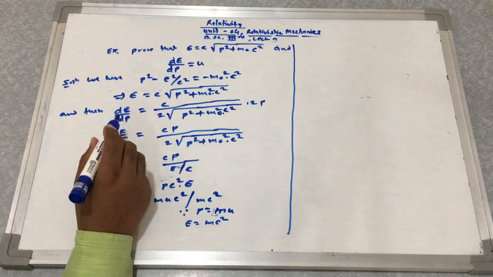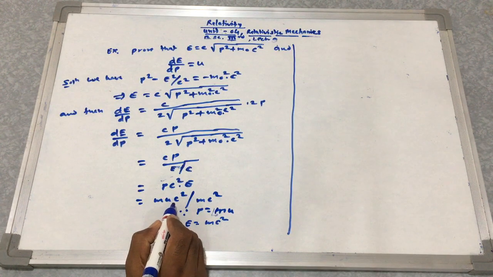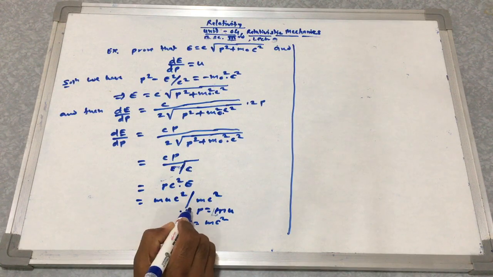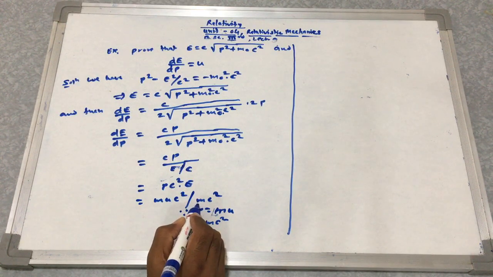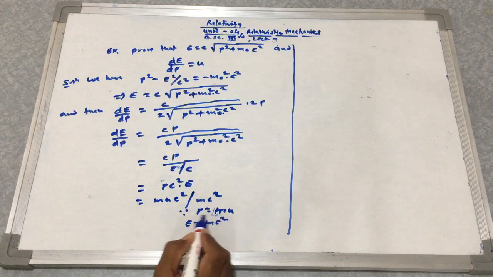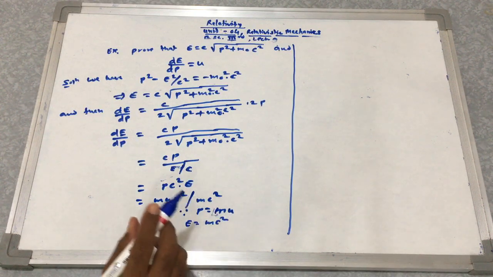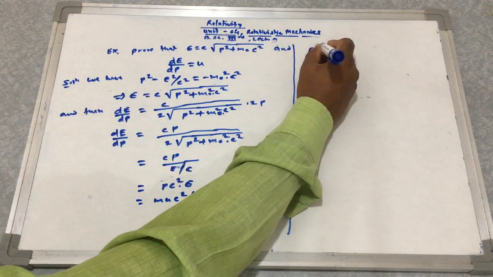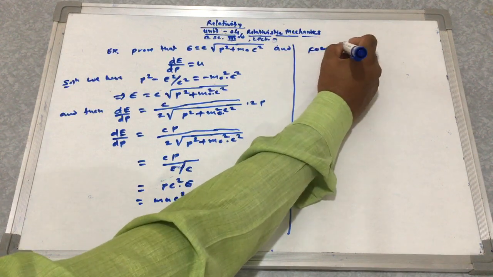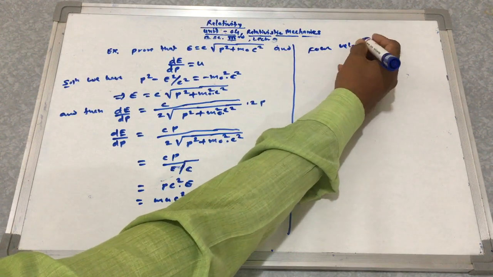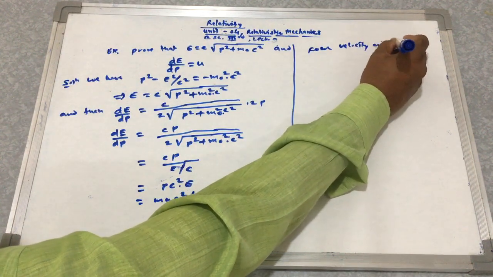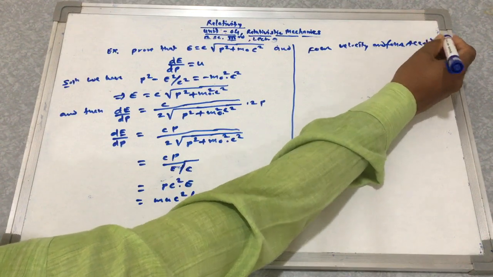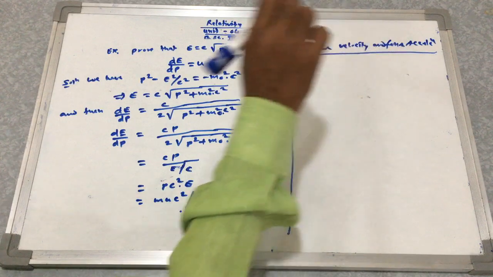So P c square upon E is equal to u. So this is the expression for velocity and for acceleration.